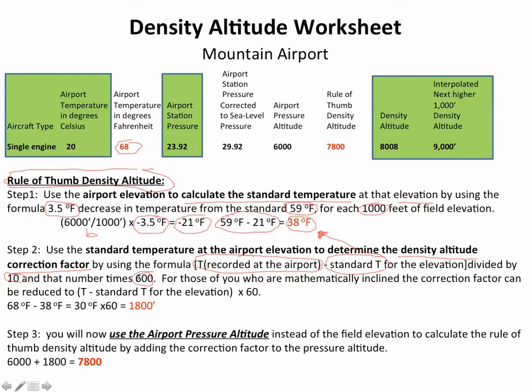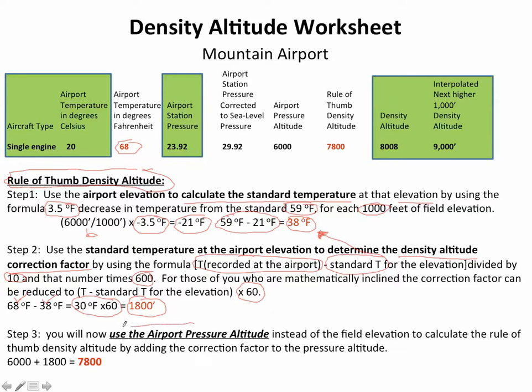Or if you divide 600 by 10, you get a factor of 60. So we take our recorded temperature that we converted from Celsius to Fahrenheit, we subtract the standard temperature, we multiply that by 60, and we get a rule of thumb correction factor of 1,800 feet.